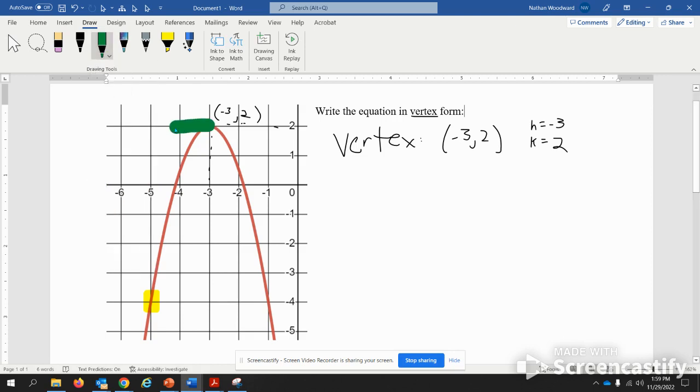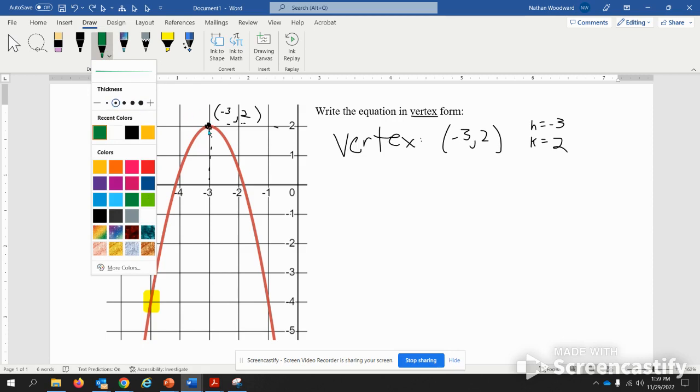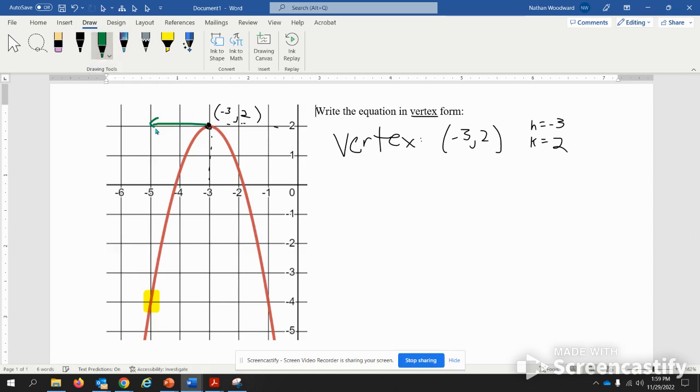If I go from this point, I go over 2 and down 1, 2, 3, 4, 5, 6. Down 6.